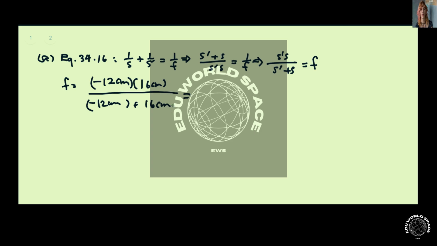And this gives us negative 48 centimeters as the focal length. Notice that the focal length is negative, so F is less than 0. And when the focal length is negative, the chapter tells us that this is a diverging lens.